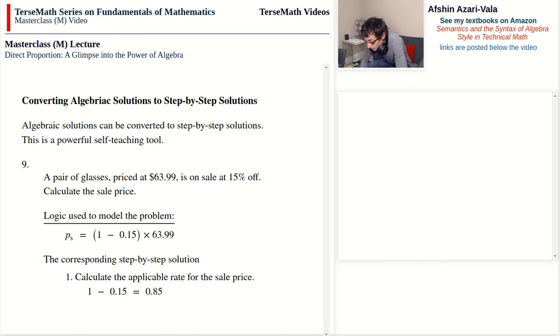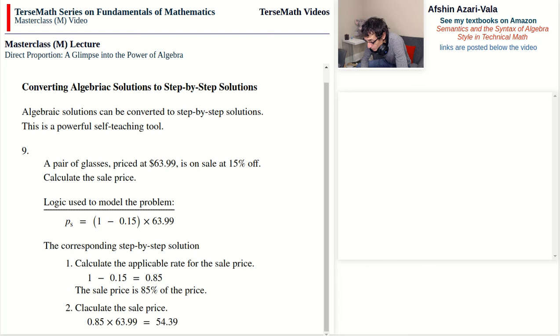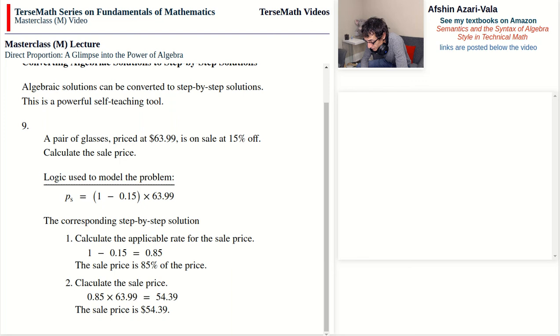That's 1 minus 0.15, which is 0.85. So the sale price is 85% of the price. Step number 2, calculate the sale price. For this, we multiply 85% by the price, and we get 54.39. So this is the step-by-step solution that I just extracted from the algebraic equation.